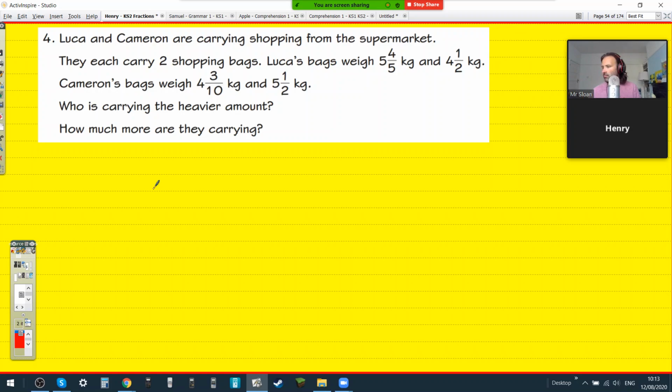So then 4 wholes and 3/10, 5 wholes and 5/10, 5 wholes and 5/10 for the second, and then for Lucy, 5 wholes and 8/10, and then 4 wholes and 5/10 again.